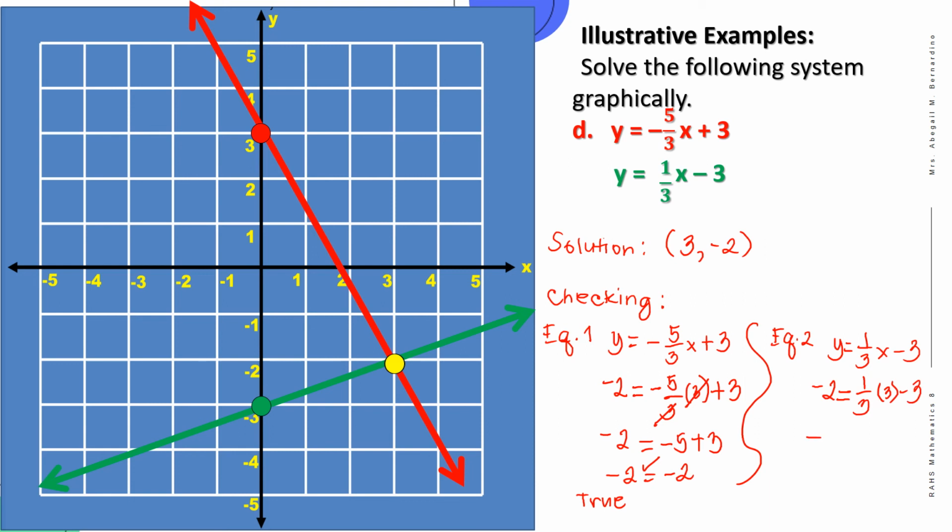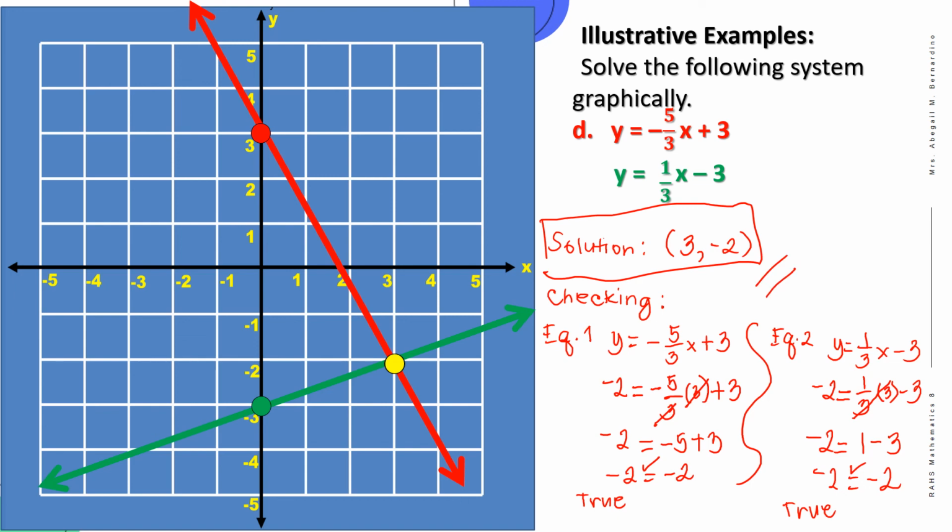Then we have negative 2 equals, we can cancel this, 1 minus 3. Then we have negative 2 equals 1 minus 3. The answer is negative 2. And we have a true statement. Now, our solution is correct, which is (3, negative 2).